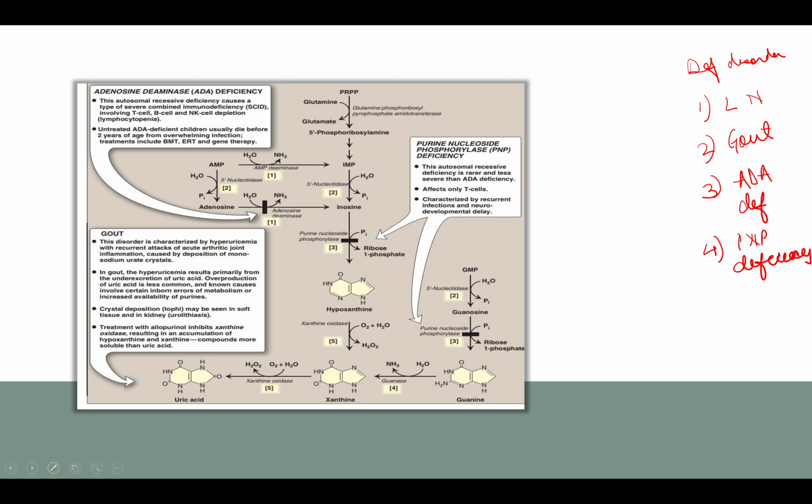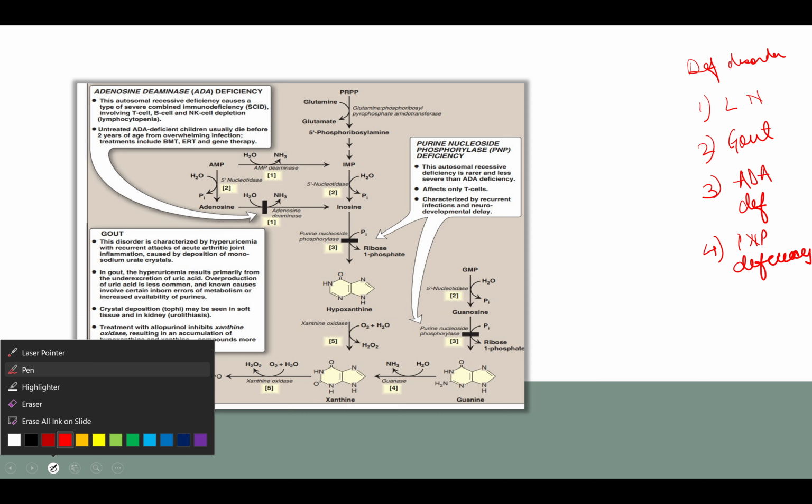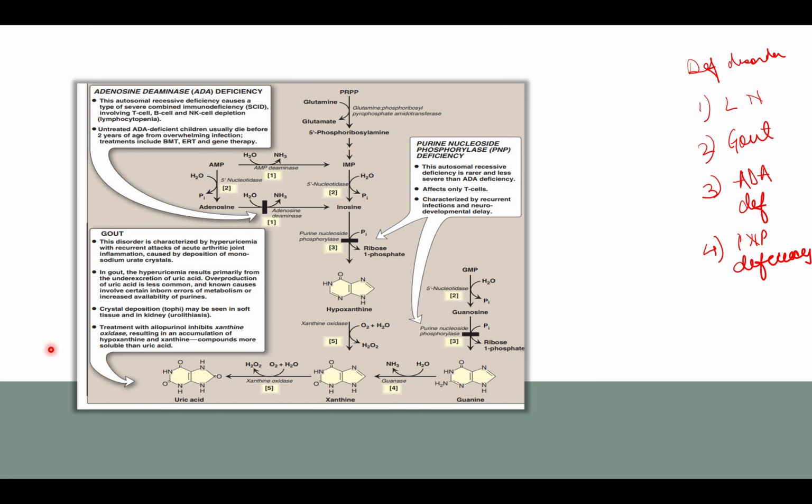As we have seen where these enzymes act and where these are utilized, ADA and PNP, and the enzyme because of which gout occurs, xanthine oxidase, are involved in the degradation pathway of purine. And Lesch-Nyhan syndrome involves an enzyme in the salvage pathway.